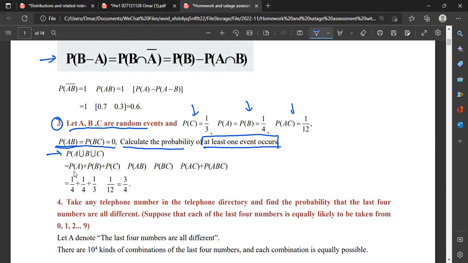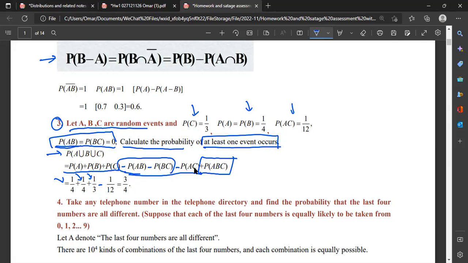So it has a big formula. The formula is probability of A plus probability of B plus P of C, then minus P of AB minus P of BC minus P of AC, then plus their intersection, P of A, B, C. P of A, P of B, P of C are given, then minus P of AB and BC, which are 0, so this part is 0.